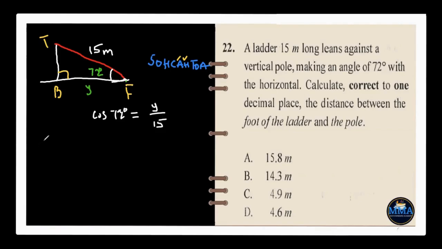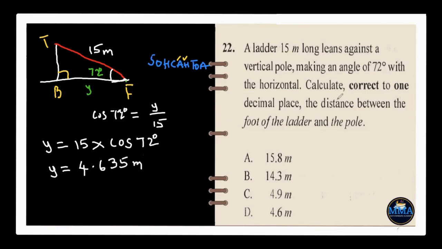So when you cross multiply, y is going to be 15 times cos 72 degrees. So you can go on and use your calculator to get the value there. When you multiply, you are going to get 4.635 meters.